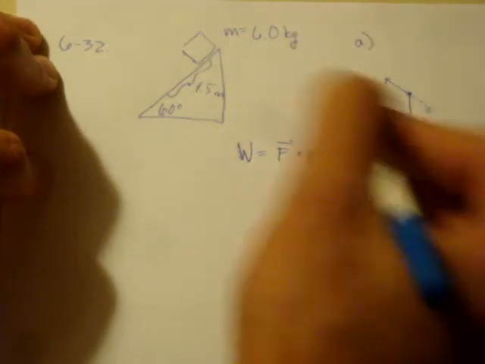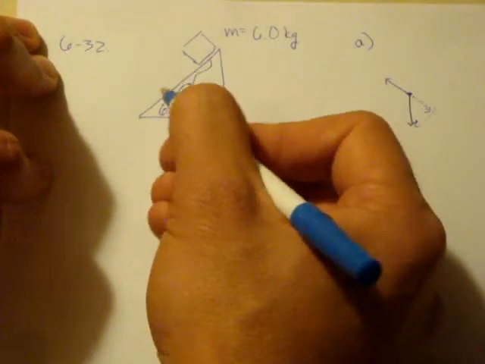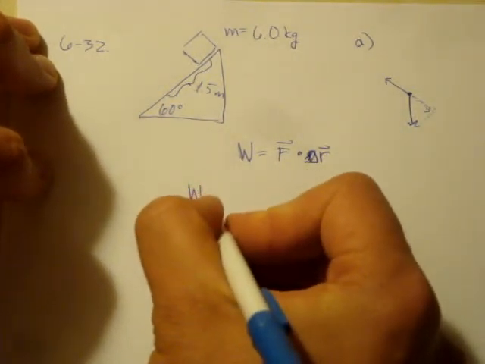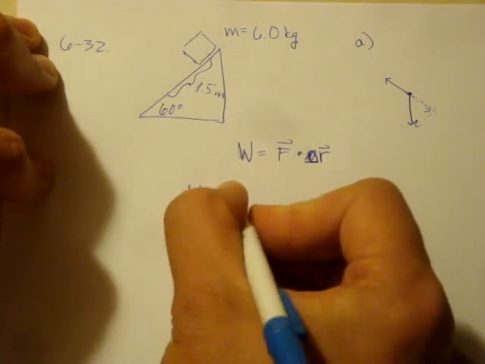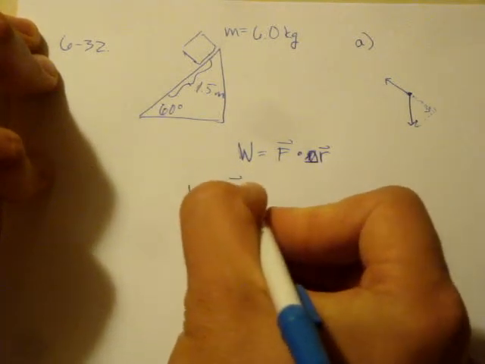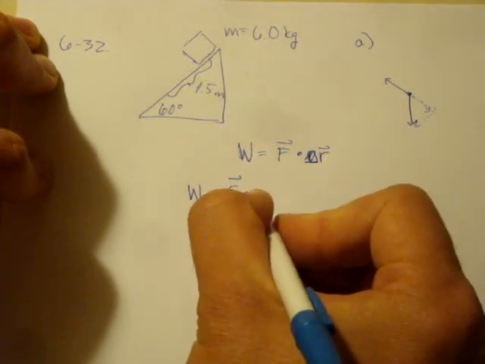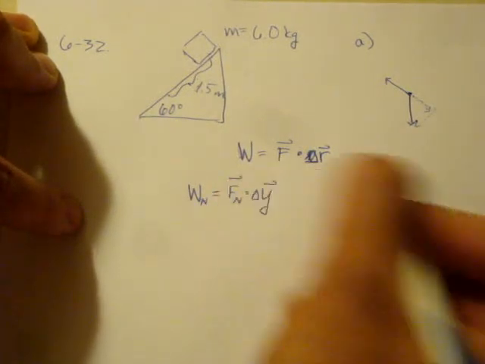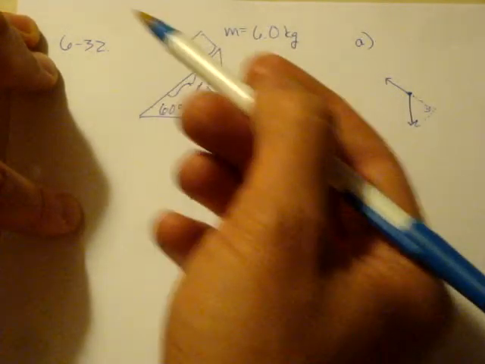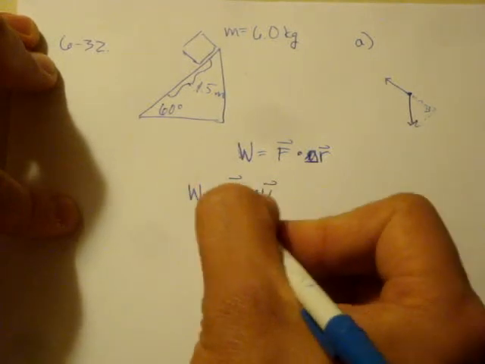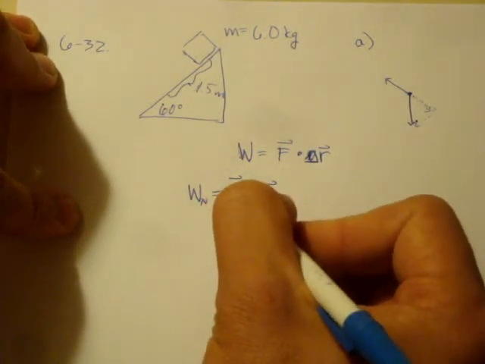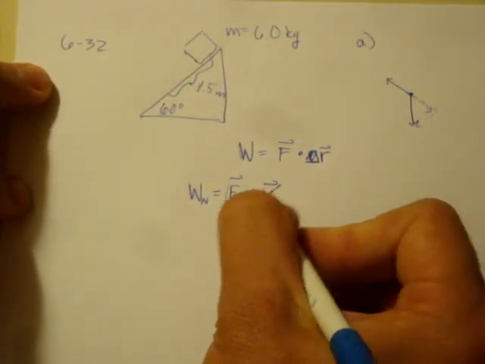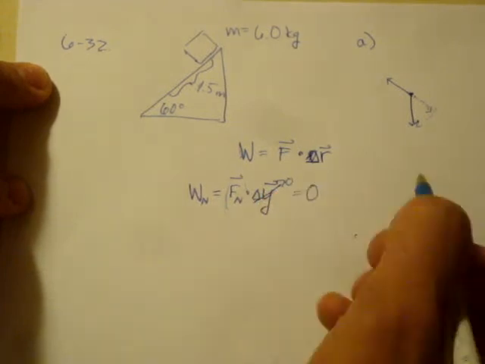The only displacement in this particular situation is along the ramp, and so the work done by the normal force is the scalar product of the normal force and the displacement along the direction that is perpendicular to the surface of the ramp. Even though there's actually a normal force of some type, there's no displacement along that y direction, and so the work done by the normal force is equal to 0.